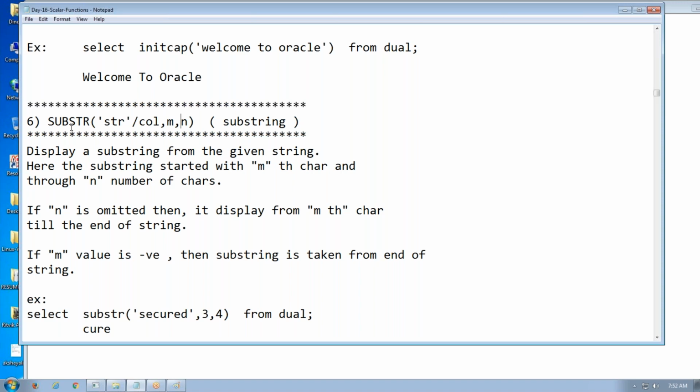Again I am repeating, the substring function is taking three parameters. The first parameter is either a direct string value or a column name. The second parameter m indicates the starting position, from which character you want to take. N is how many characters you want to take from this position.